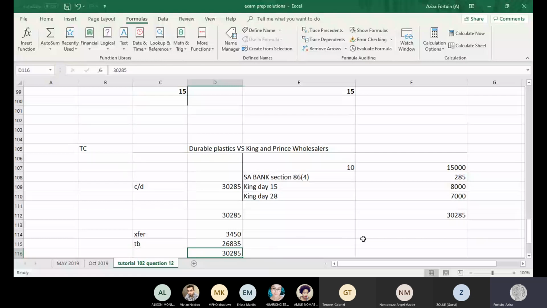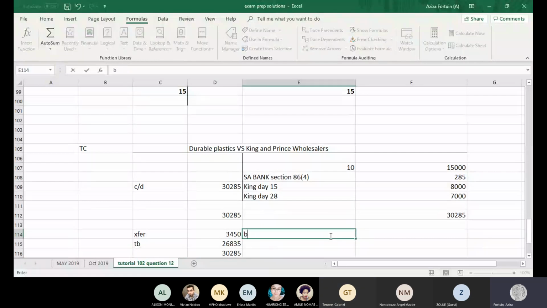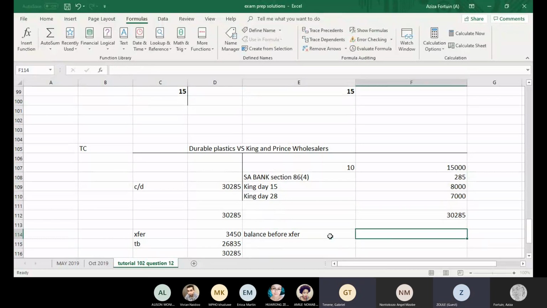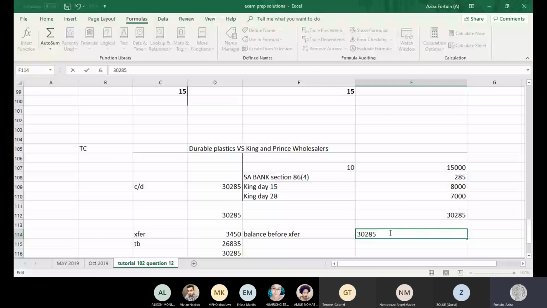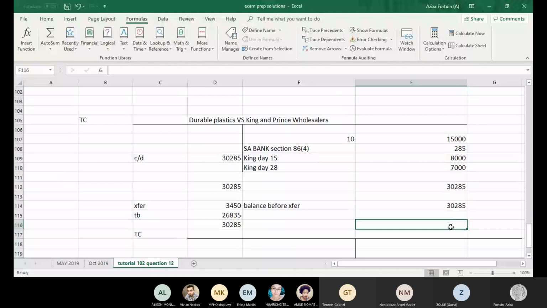So my balance before the transfer is the 3285. Everybody with me? Yes. So why aren't you giving me the answers then?